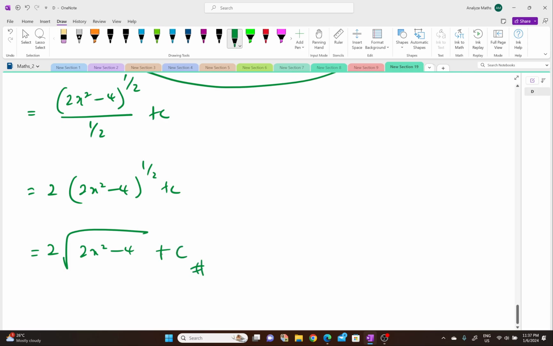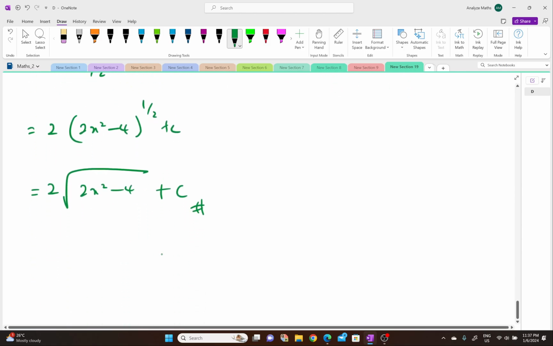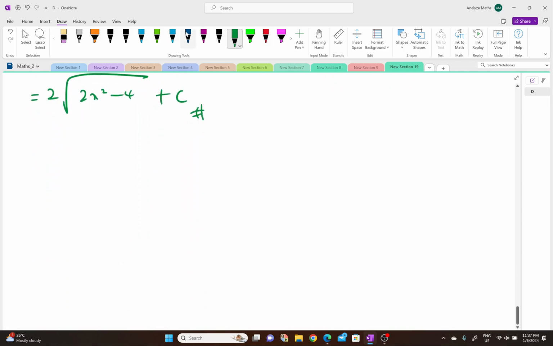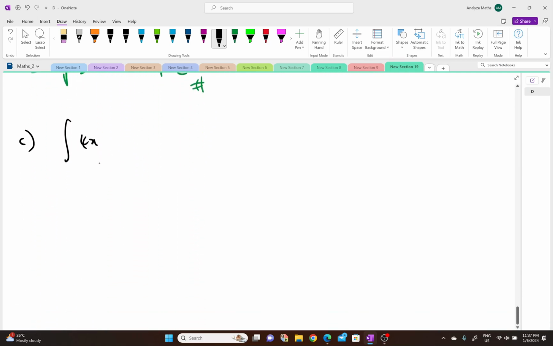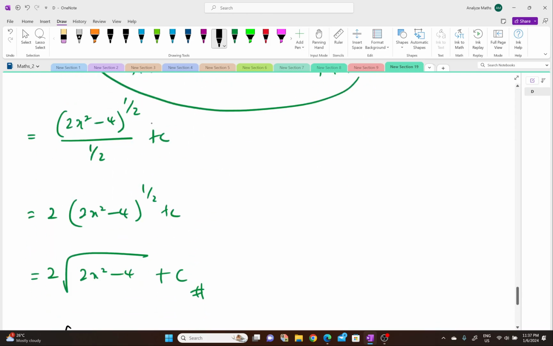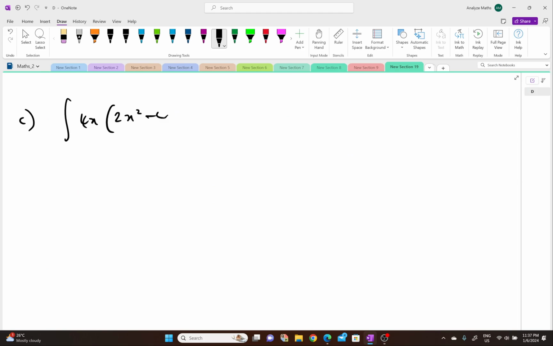Now I'm going to take the same function, a little bit different. Just now the function is 4x, 2x square minus 4, negative 1 over 2 dx.